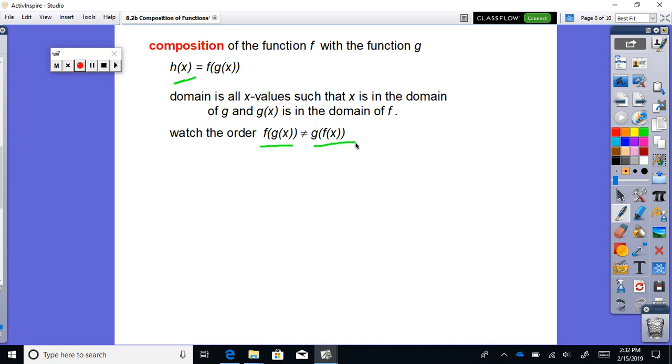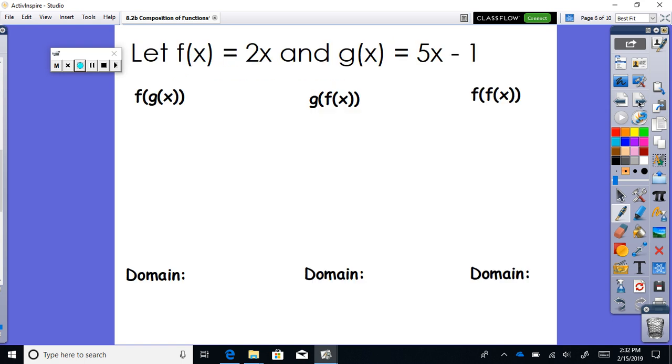You'll see that composition of functions is like putting function g into function f. And if you do it the reverse, so you put f into g, you don't get the same answer. So it's not commutative. You can't do it back and forth. So just remember that. I'll show you a few examples.